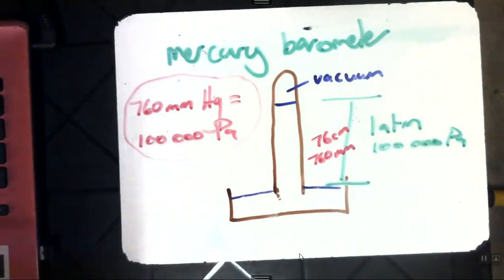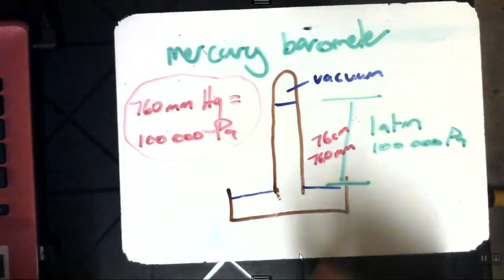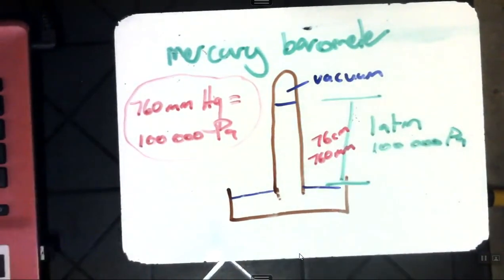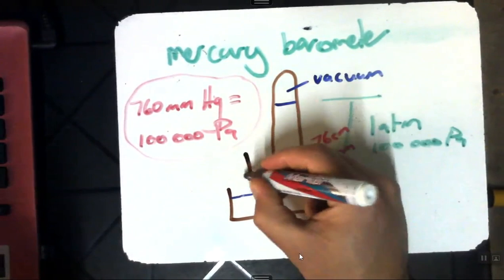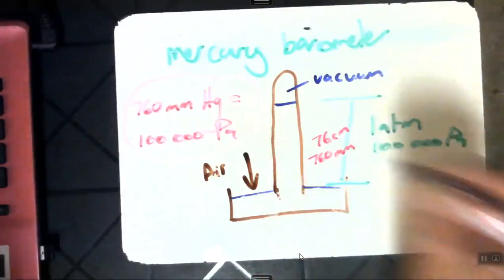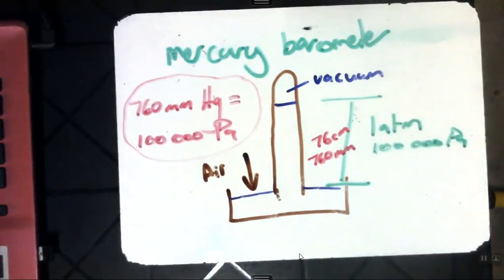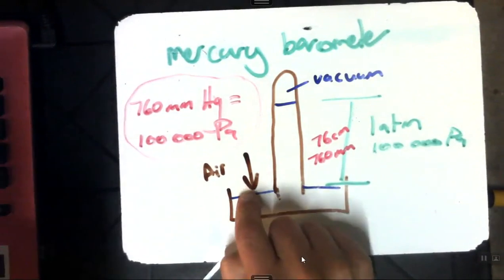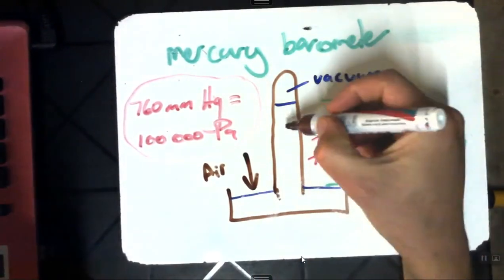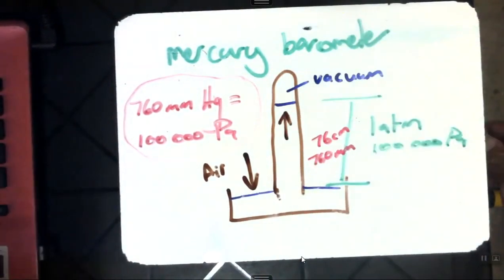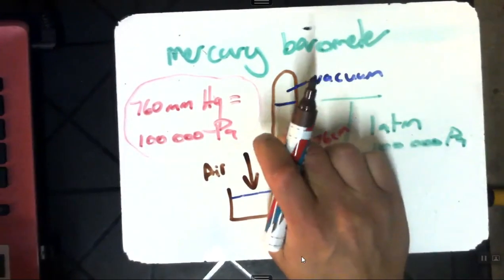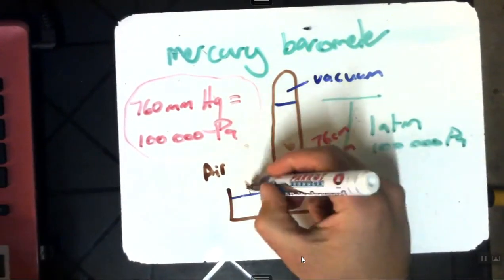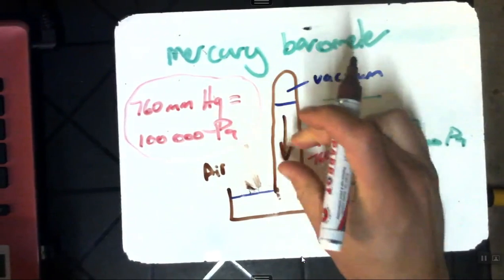So what happens is, we've got air pressure pushing down here, so as the air pressure pushes here, this pushes up. If there is less air pressure, then this pushes down and this decreases.